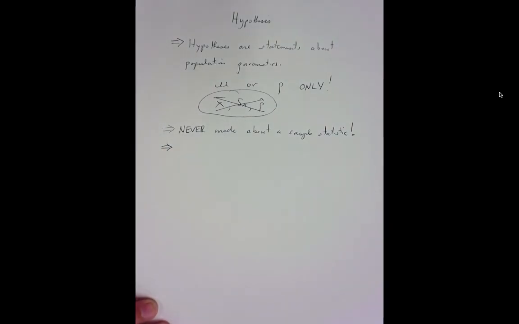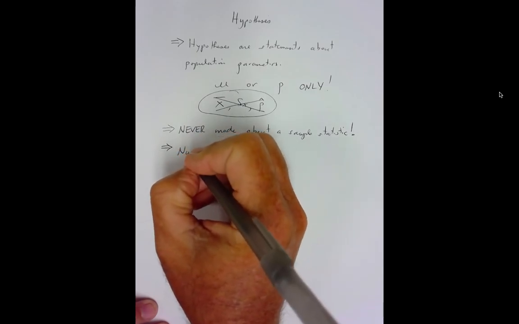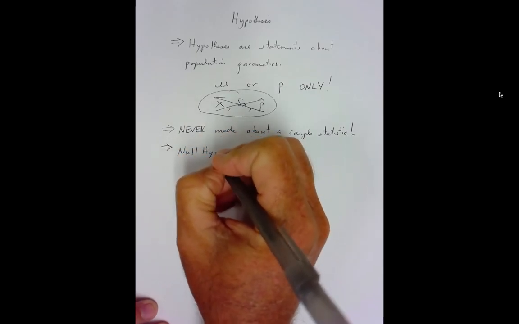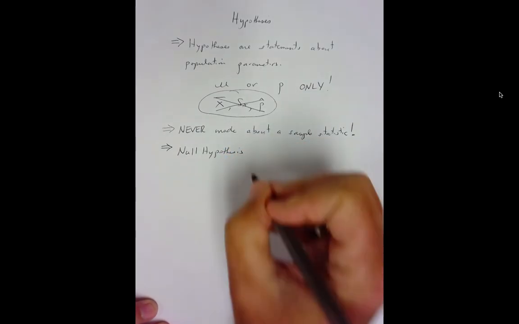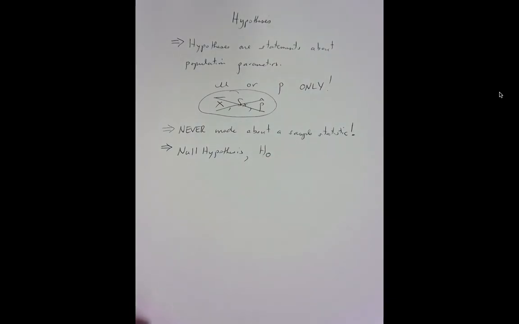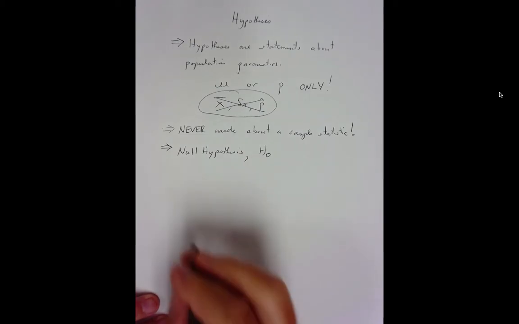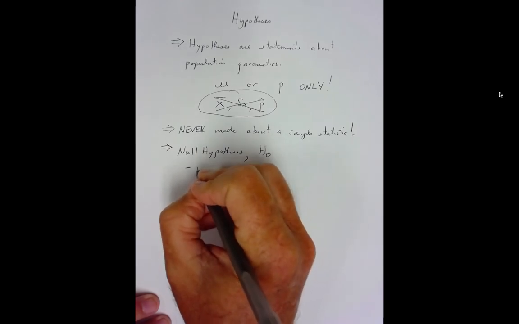Third thing, we have 2 hypotheses. The first hypothesis that we have is called the null hypothesis, and the notation for it is H sub O. Couple things about the null hypothesis. This is kind of the neutral statement.